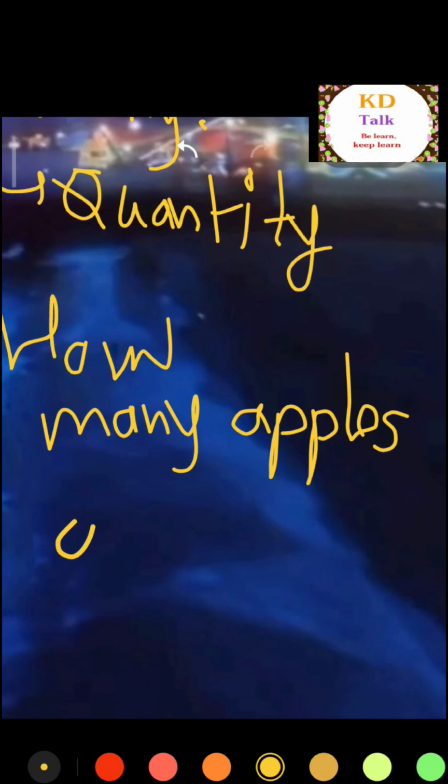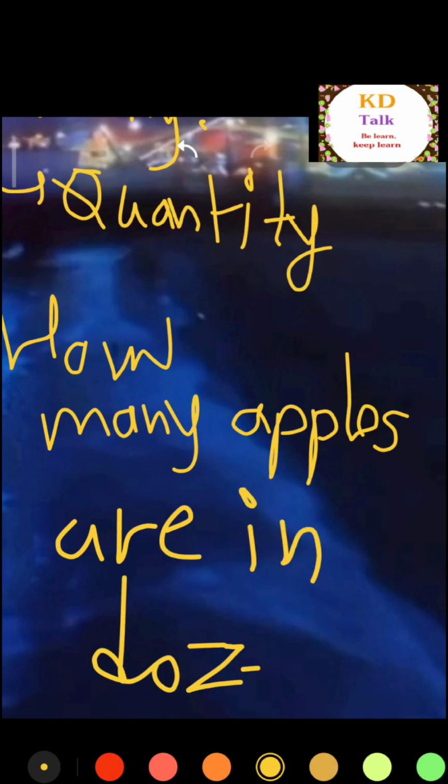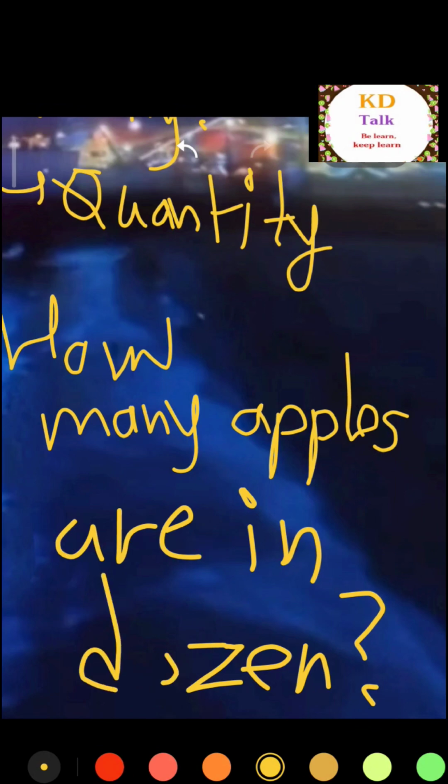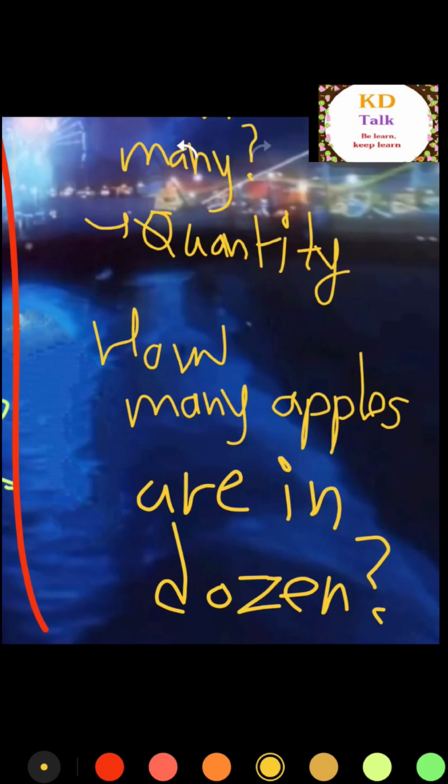How many is used to ask about quantity. If you want to ask about any quantity, how many is used. For example, how many apples are in a dozen? This is a question used to ask about quantity. From this I hope you understand better.